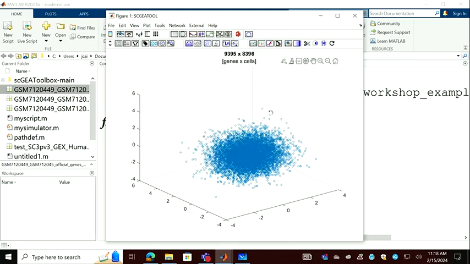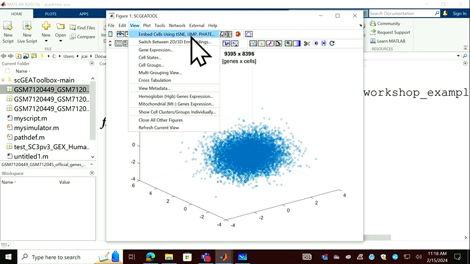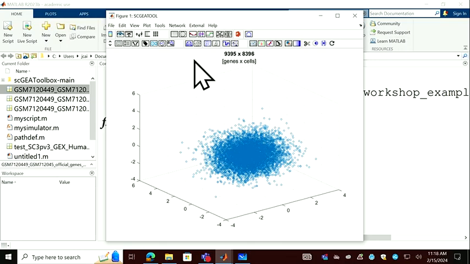Okay, so now we need to have this X matrix. We need to export the X matrix into the workspace so we can run PCA, run t-SNE, rather than just clicking a button here. You can click a button to get the embedding, use the t-SNE, UMAP, or you press this button. But what we want to try in the class here is to get the raw data and do the embedding using commands.